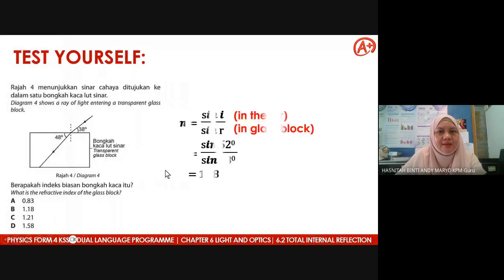So this is the calculation. We use n equals sine I divide sine R. Sine I is 42 degrees. How to find 42? 90 minus 38. So here is 52 degrees. And down here, is this correct? This is wrong, it should not be sine 48.